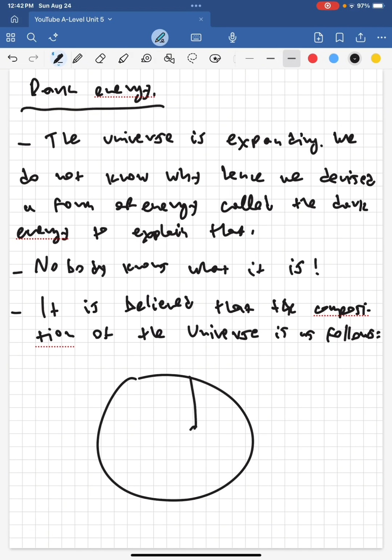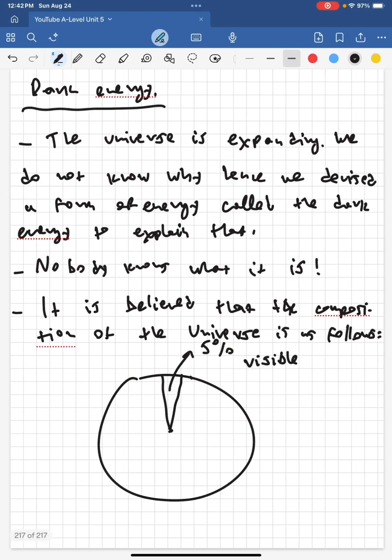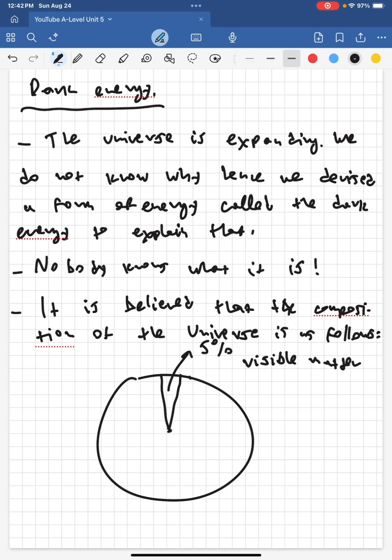So it is believed that the actual matter is just 5%, okay? 5% visible matter, the one you guys are familiar with.